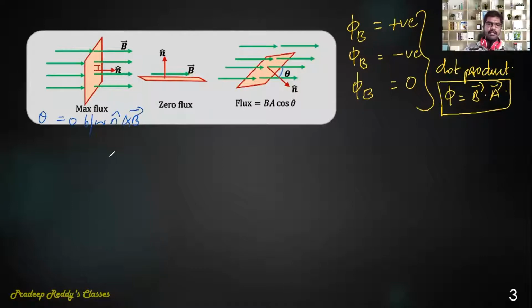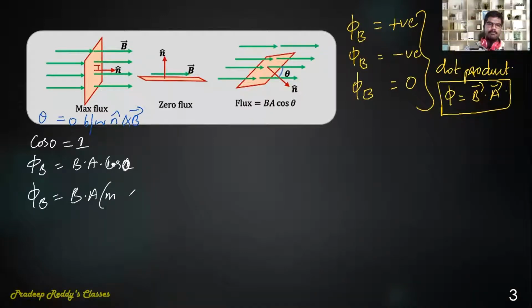Therefore, I can write cos 0 is equal to 1. Cos 0 will be equal to 1 because theta is 0. So phi B is equal to B A into cos 0. Therefore, phi B is equal to B A, and this is maximum.